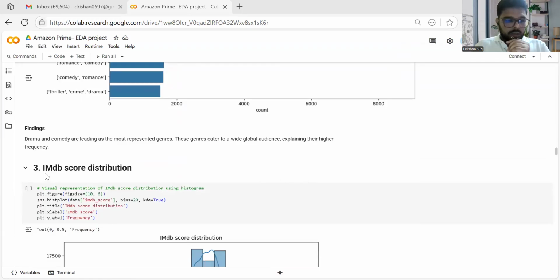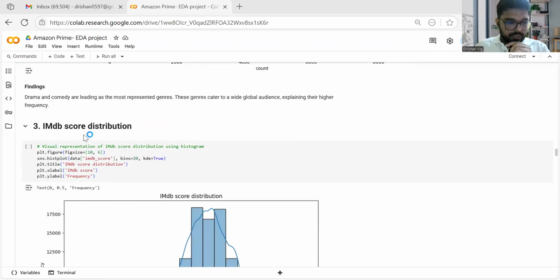Now the third one is the IMDb score distribution. We can represent this data in the form of a histogram. A histogram groups the numerical data into different bins and shows, using bars, how many values fall into each bin of that category.